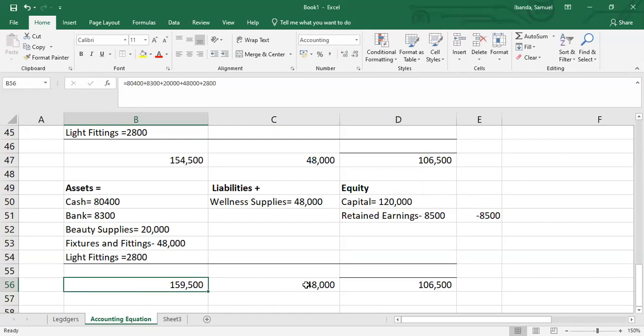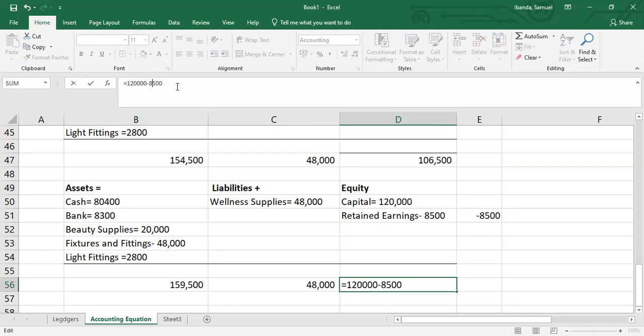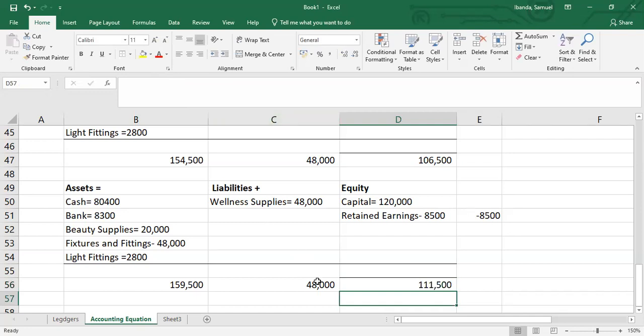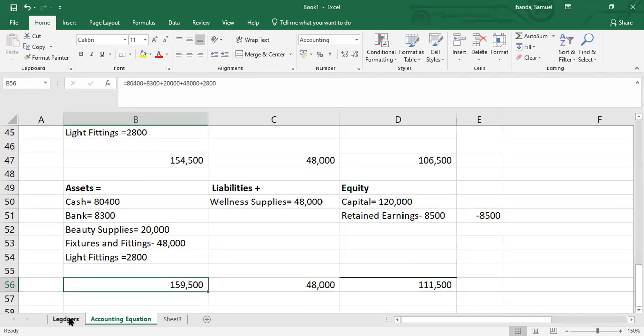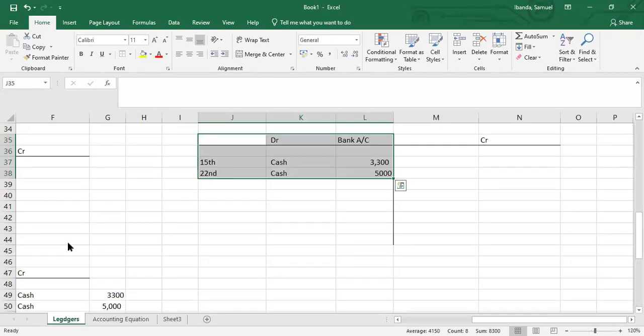So I have 159 like that. Then right here, 48 remains the same. Right here, this I'll just adjust. This is 8,500. So when I try to get a total here, it is 159,500, which matches my asset equation right there.